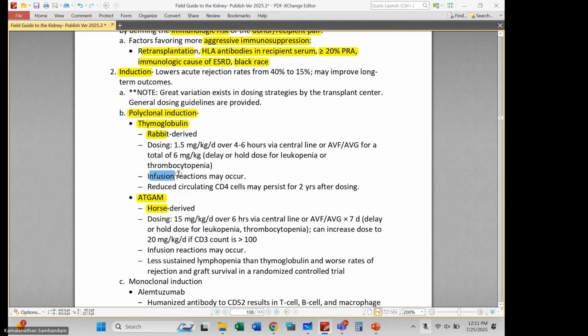As you can imagine, that may cause immune infusion reactions, including a hypersensitivity reaction that is serum sickness, because these are, again, non-human immunoglobulin that's derived from a rabbit or a horse.